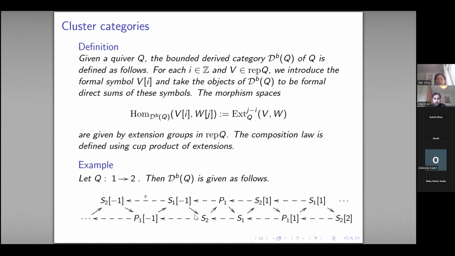So we have 3 indecomposable representations, and we introduce a shift to each of them for each integer, so that explains why these objects are given in this form. Of course, they go to infinity on the left and on the right as well.